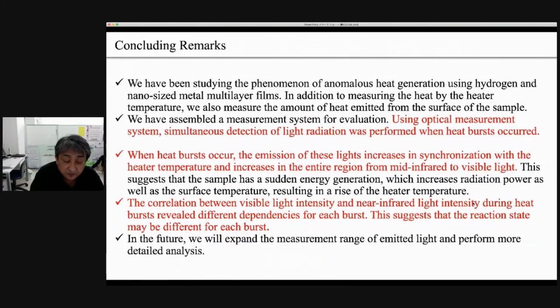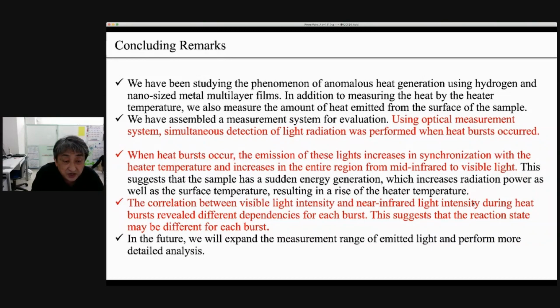Conclusion: using an optical measurement system, simultaneous detection of light radiation was performed when a heat burst occurred. When a heat burst occurs, the emission of light increases in synchronization with the heater temperature and increases over the entire region from the mid-infrared to visible light.